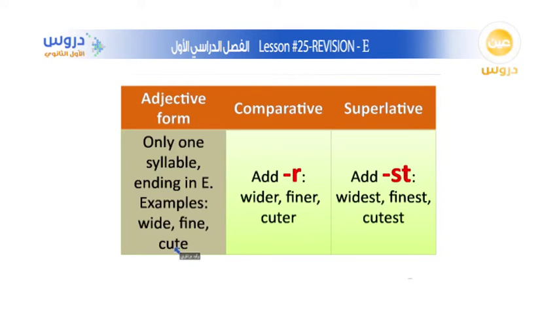Light, lighter. Neat, neater. Fast, and faster. Whereas in the superlative form, you've got to add EST to the adjective. Light, lightest. Neat, neatest. Fast, fastest.